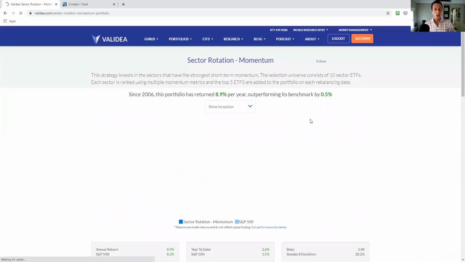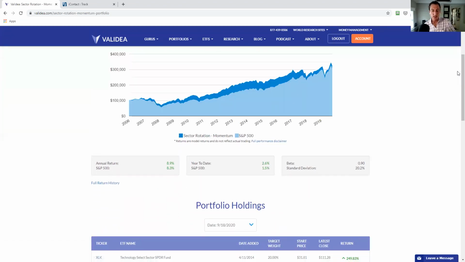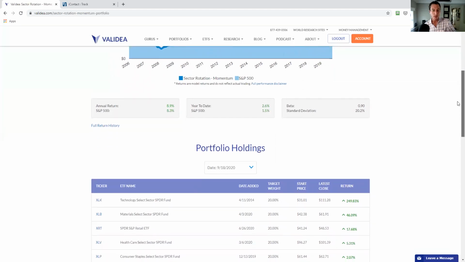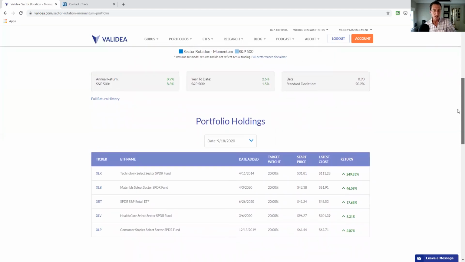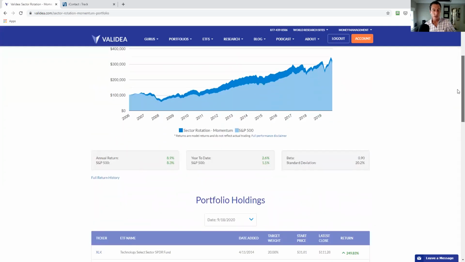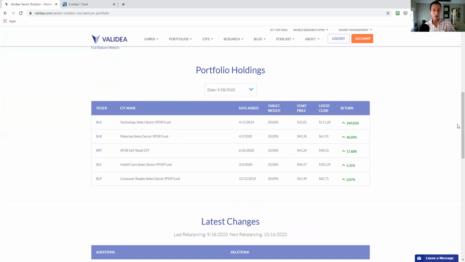So to start, let's look at a sector portfolio with momentum. These are giving you market-like returns in some cases, not in all cases, but in some cases. Some investors like sector-based approaches. So here, what you're seeing is the sector rotation portfolio, and these are the ETFs that are exhibiting the highest degree of momentum as of the last rebalancing.